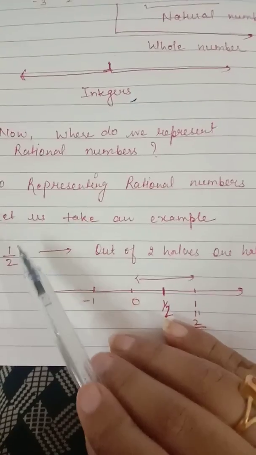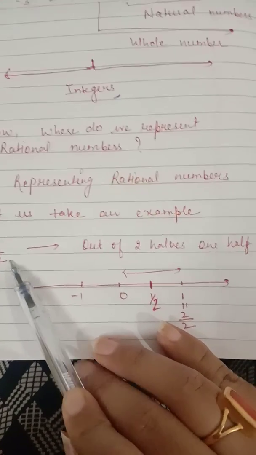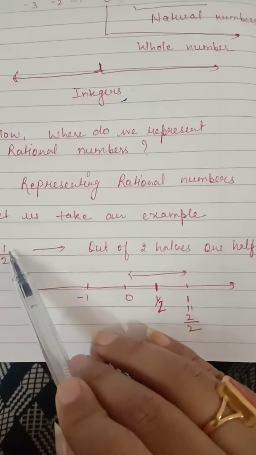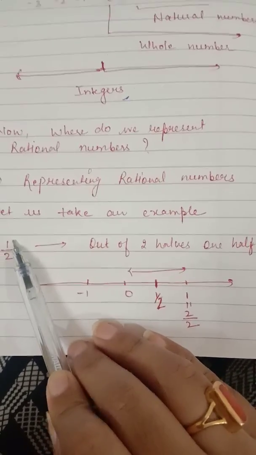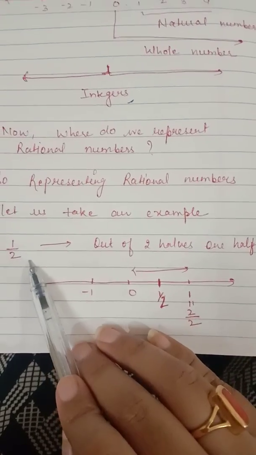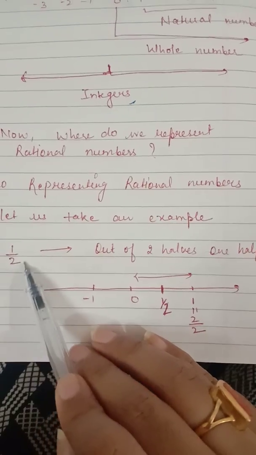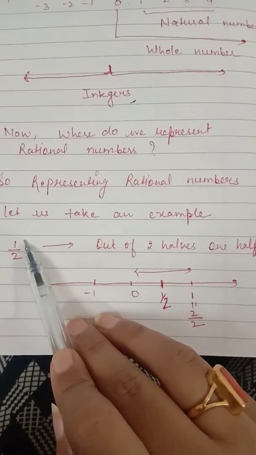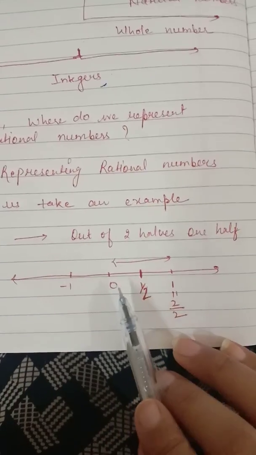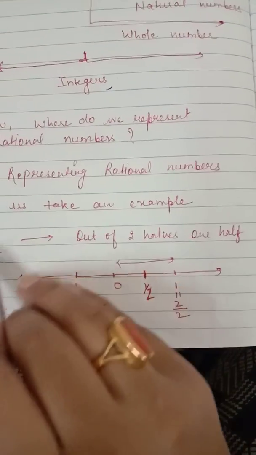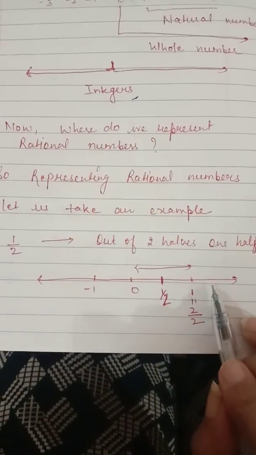Now what does your 1 by 2 mean? 1 by 2 means that out of 2 halves, 1 half you have to represent, or 1 half you have to take. Yes, this is the meaning of 1 by 2. The fraction 1 by 2 tells you that out of 2 halves you have to represent 1 half. So see, it is on the positive side, so it will lie between 0 and 1.